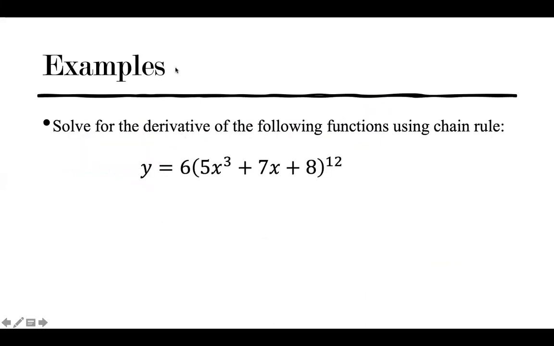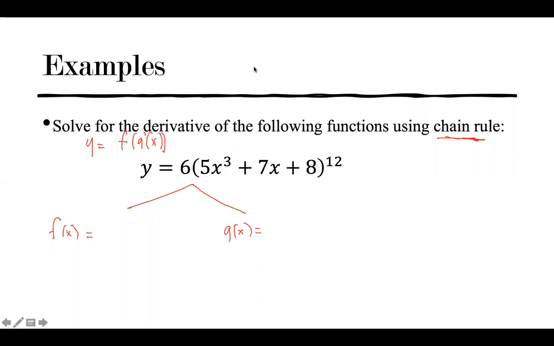Solve for the derivative of the following functions using the chain rule. We need to make sure that we use the chain rule. In this function, y is equal to 6 times (5x cubed plus 7x plus 8) to the power of 12. Again, we need to know our f of x, the outer function, and our g of x, because y is just equal to f of g of x.